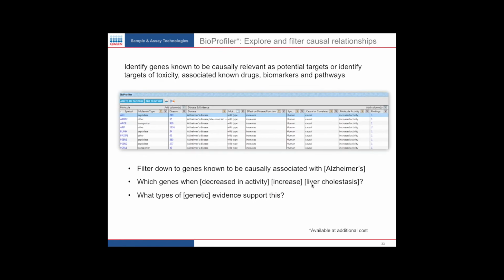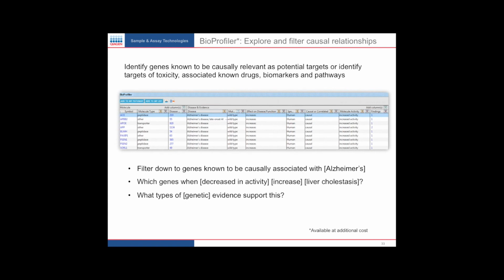Okay, and lastly, really quick, so we have time for questions. There's a new tool also called Bioprofile in IPA, which allows you to really, in a detailed way, filter to genes causally associated with a particular disease or phenotype in a particular way, like which genes, when decreased or increased, cause a certain endpoint, what type of genetic evidence supports it, is it a knockout.